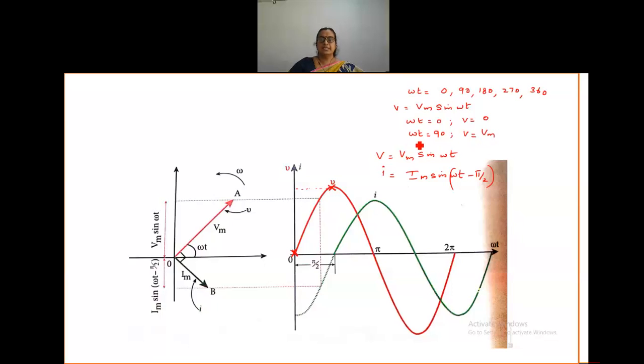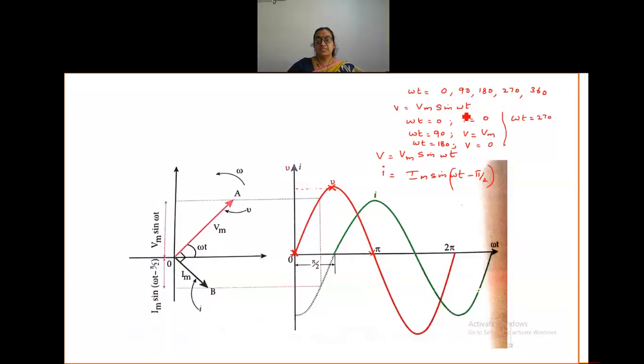Next, you substitute omega t as 180. Sine 180 is 0, then 0 into Vm will be 0, so V will be 0. So the third point is at theta 180, which is pi, with V equal to 0. Similarly, the next value is 270.